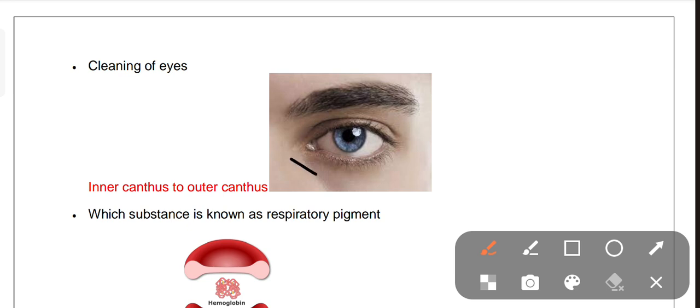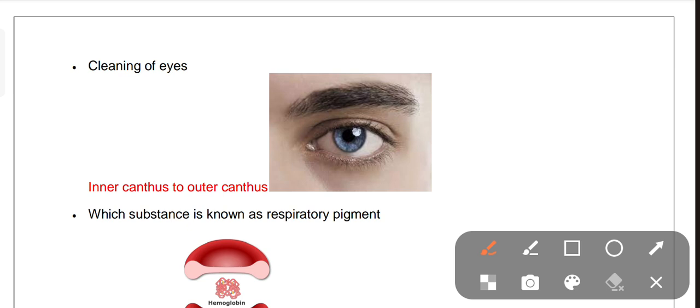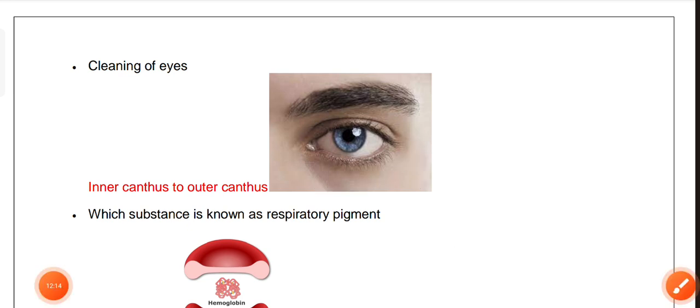From the inner canthus to the outer canthus. Canthus is the angle you see at the side of each eye. Inner canthus is near the nose, and this is the outer canthus. So you always clean the eye from the inner canthus to the outer canthus.